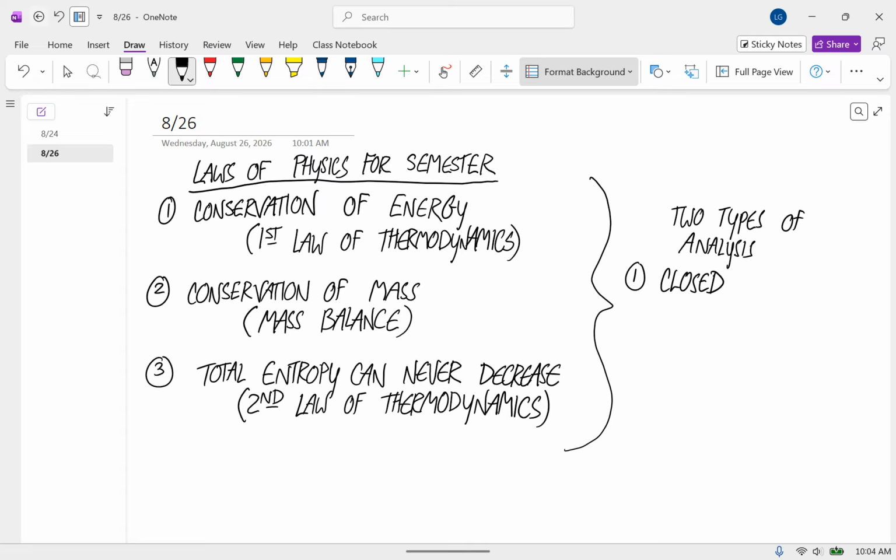For people who've taken physics one, that's what you tend to focus on. A closed system is one where over time you track the same material. So at instant one, you're tracking a ball. At instant two, you're still tracking the same ball. It's just somewhere else with different properties. So a closed system is one where over time you track the same material.